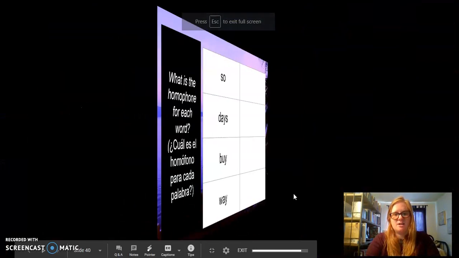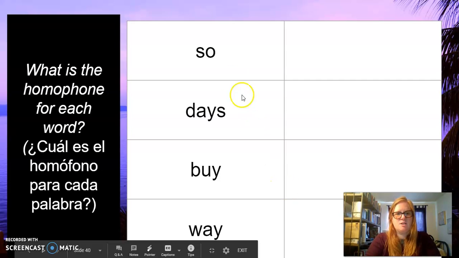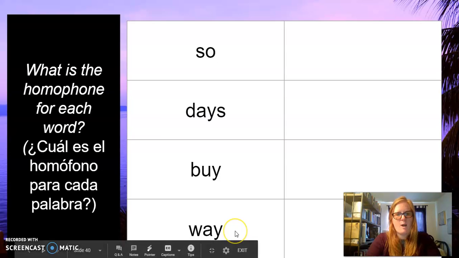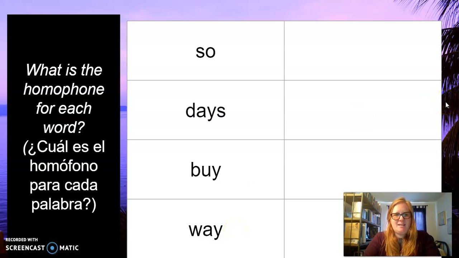So now you guys are going to practice with these words: so, days, buy, and weigh. If you're having trouble finding the homophone for each of these words, you can use Google to help you, or you can ask a parent to help you as well. Or you can even ask on Google Hangouts some of your classmates, those that are working on this.